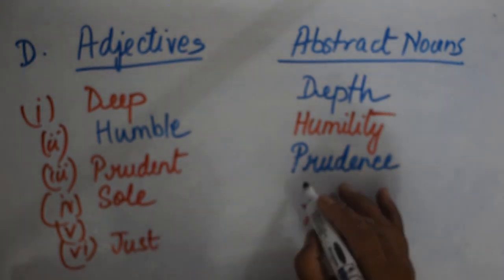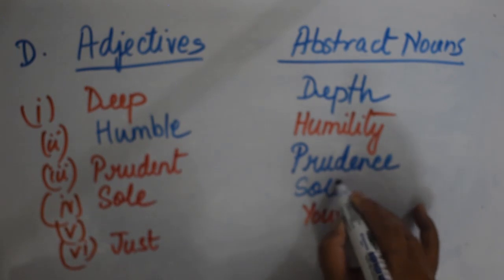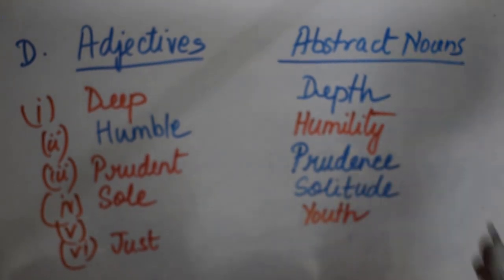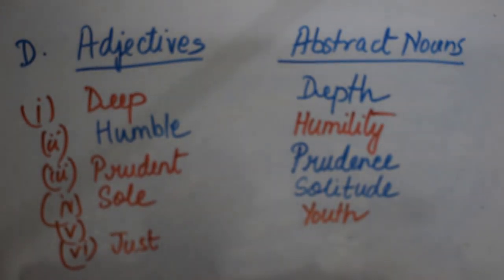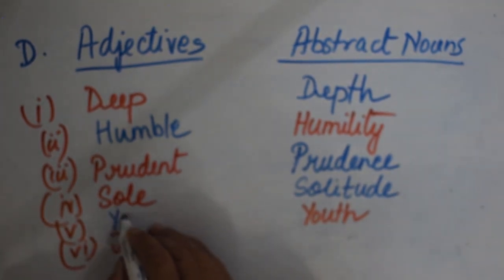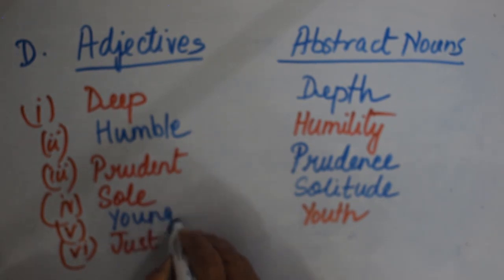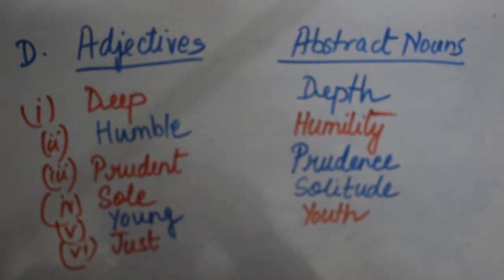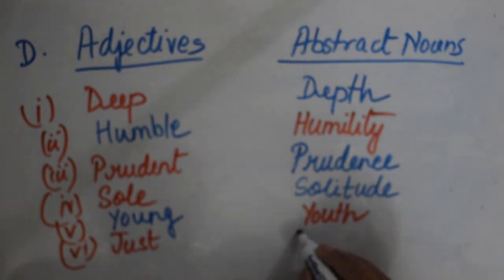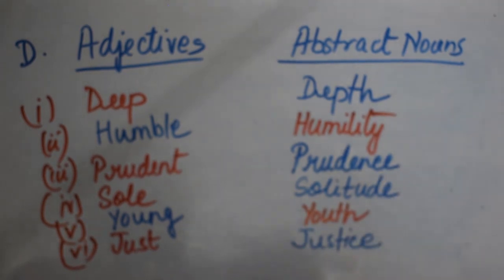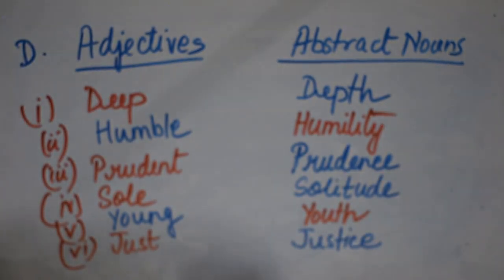The word soul becomes solitude to form an abstract noun. The abstract noun youth comes from the adjective young, and the word just becomes justice when used as an abstract noun.